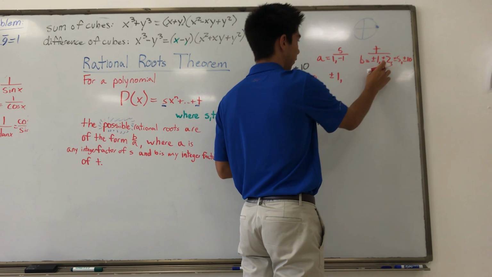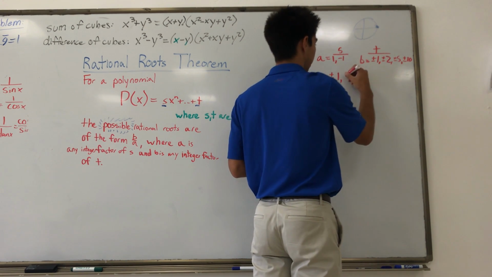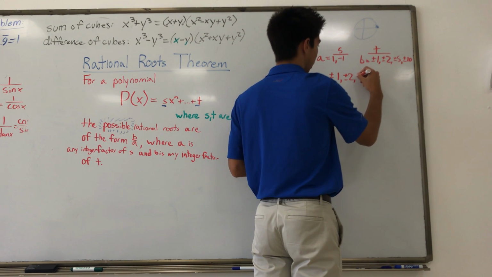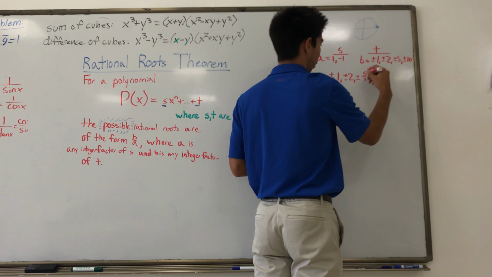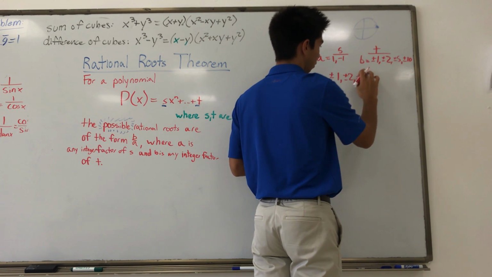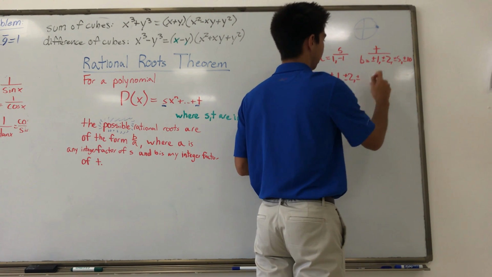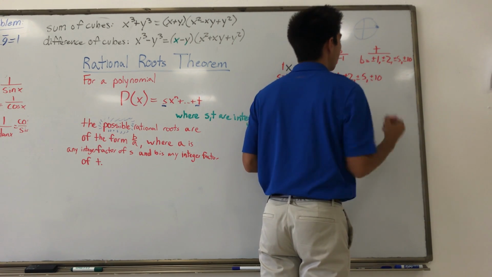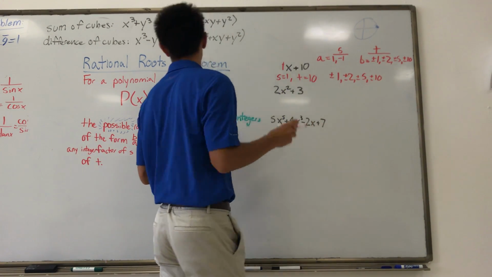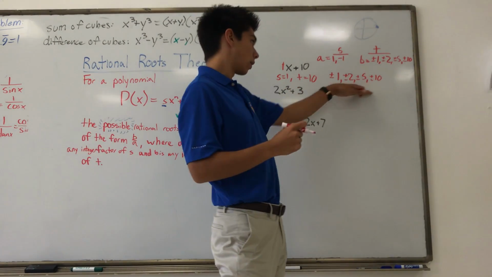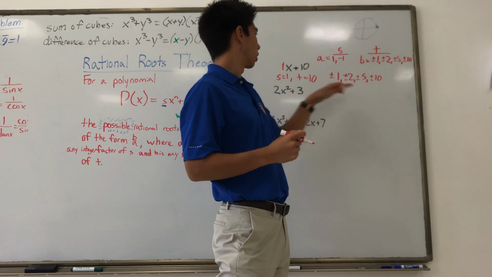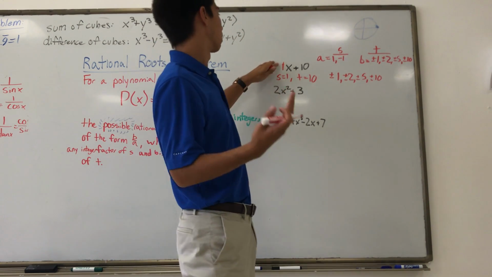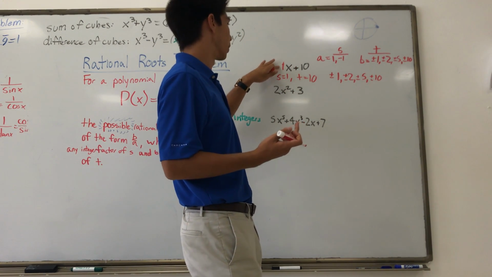It could be positive or -2 over 1, so it could be plus or minus 2. It could be plus or minus 5 over 1, which is going to just give me 5. And then if you do the same thing, it should be positive or -10. So the rational roots theorem tells us that these are the possible rational roots of this equation. You should be able to tell me pretty easily what the root is of this equation.